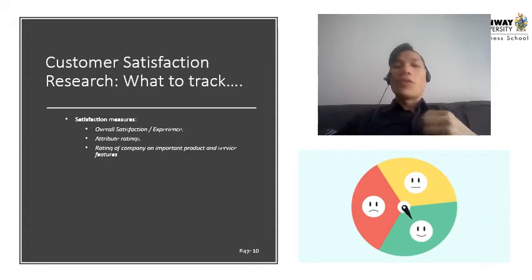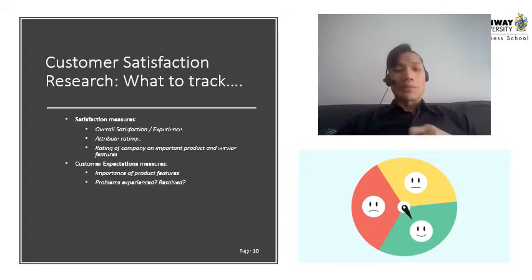Measure overall satisfaction and experiences based on attribute ratings and rate the company on the importance of products and service features. Customers' expectations, however, are basically rated on product features. For example, have they met any problems, and were these problems resolved?